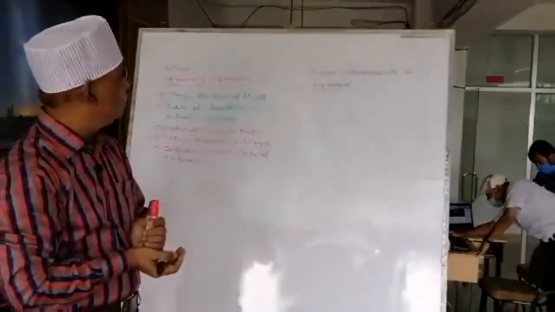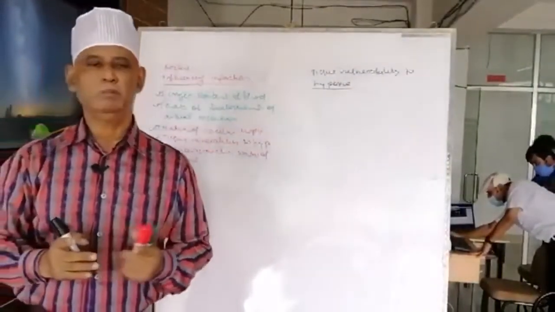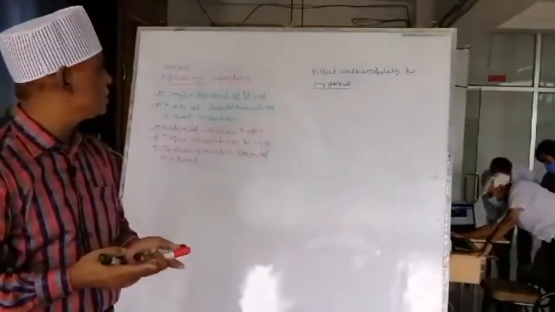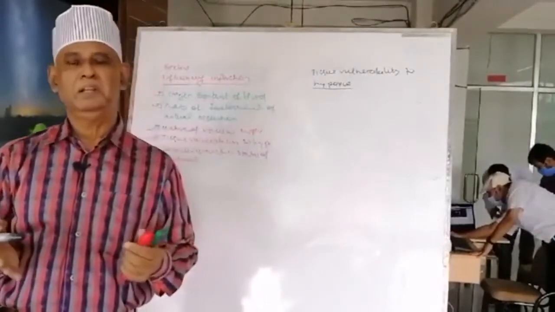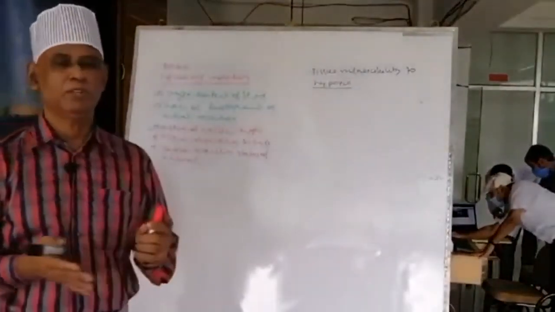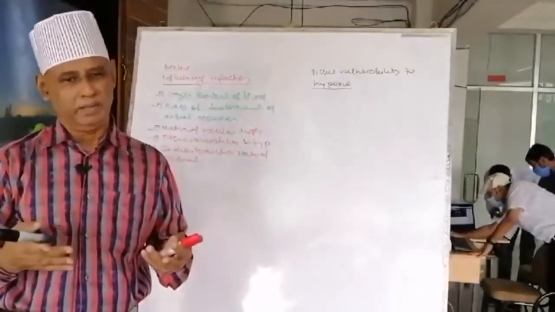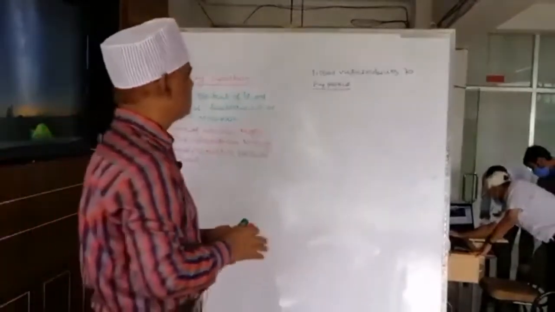Some tissue is more sensitive to hypoxia and prone to develop infarction immediately, and some tissues are less sensitive to hypoxia, and if infarction develops it will be delayed. This is called tissue vulnerability to hypoxia. Now come to examples.